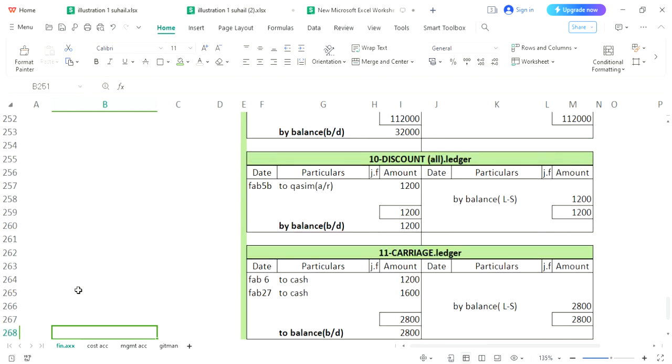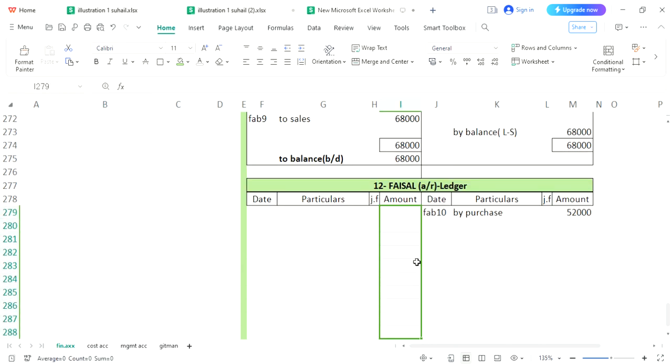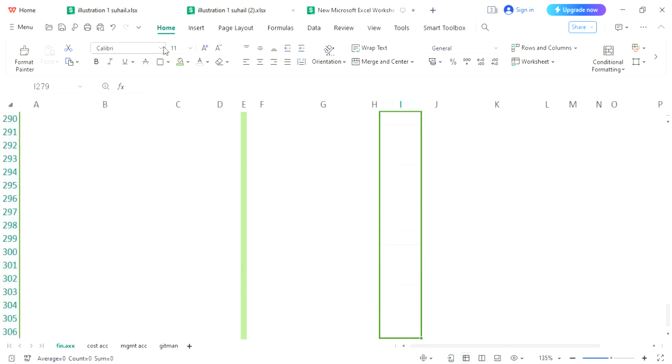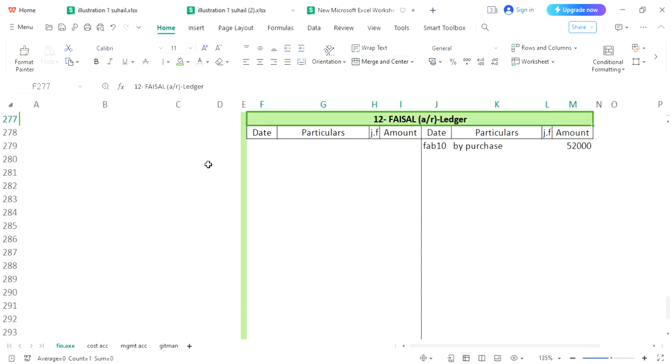Alright, as we have searched Faisal so many times, that means Faisal is present just once in our journal entries, just separating our ledger into two sides. Amount 52,000 was the only amount related to Faisal.